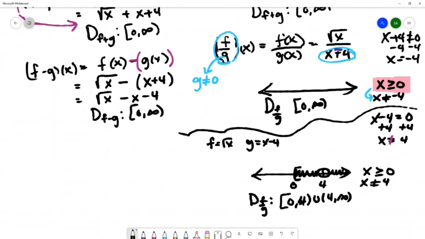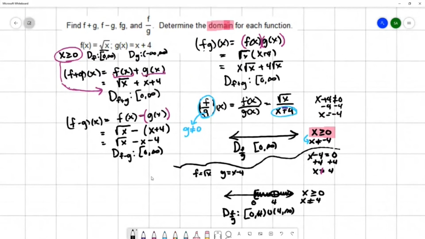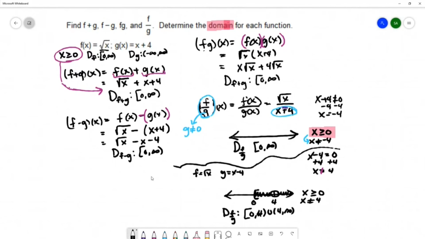So these are all the numbers that are greater than 0 except for 4, greater than or equal to 0 except for 4. Let me zoom out so you can see the whole thing. And remember down here, this is our hypothetical example.